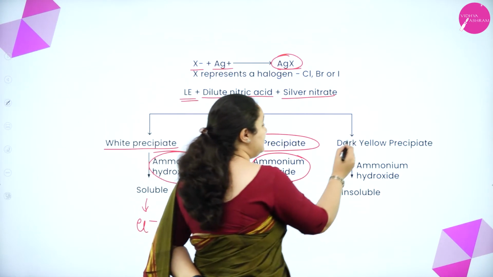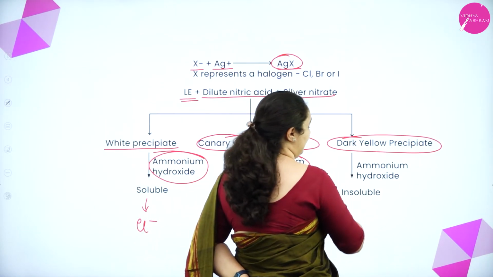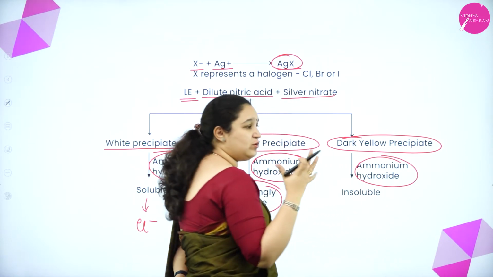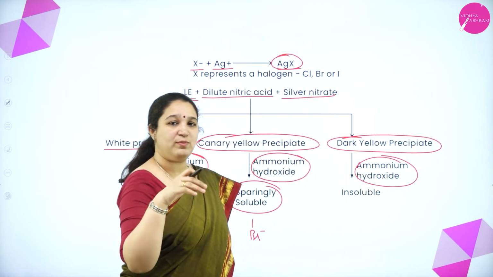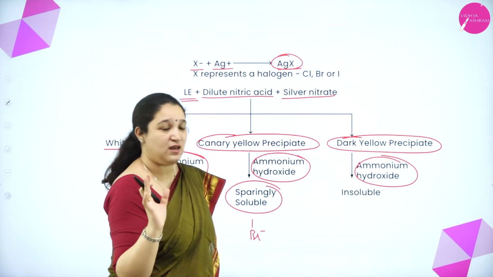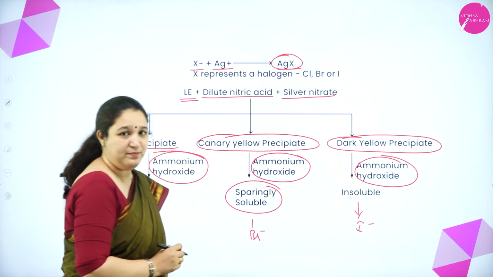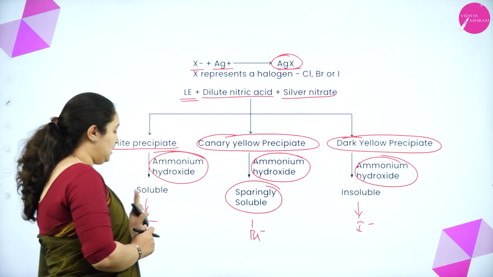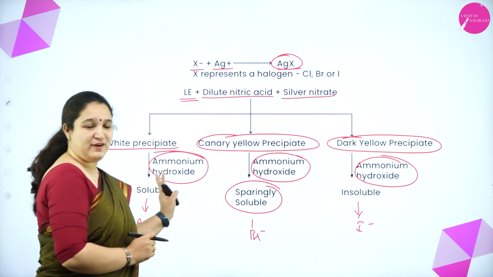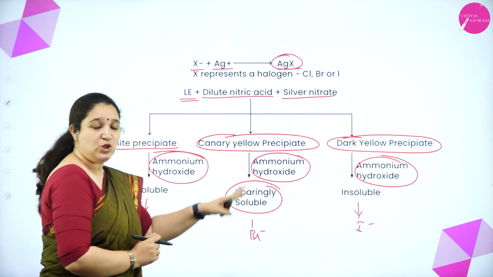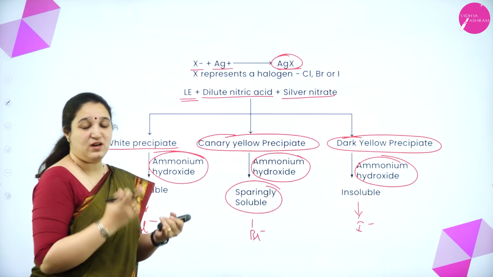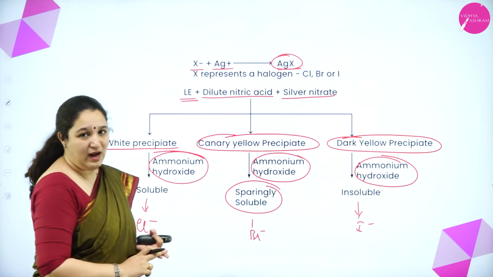Now, if I get a dark yellow precipitate and it is insoluble, the precipitate will not dissolve when you add ammonium hydroxide, then it is iodide. Okay. So, it is one test giving different color and different action with ammonium hydroxide. You get to know which halogen is present, whether it's chlorine, bromine or iodine.